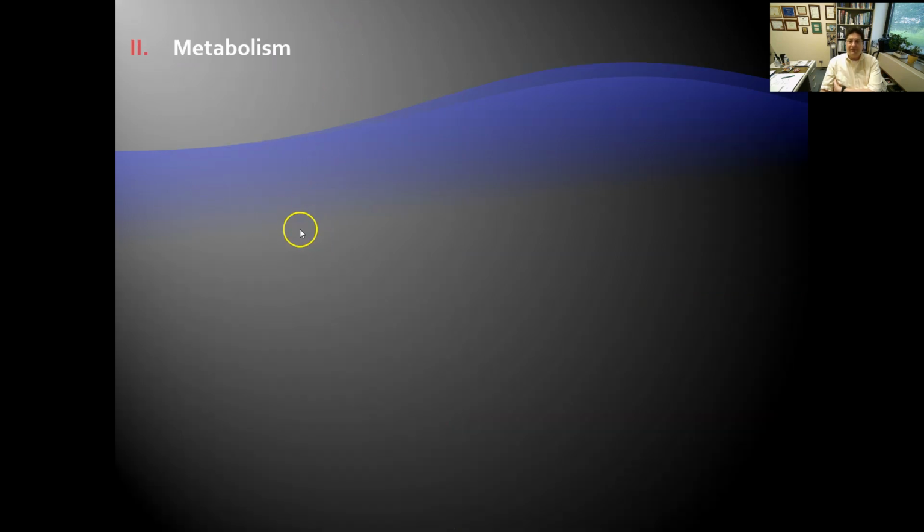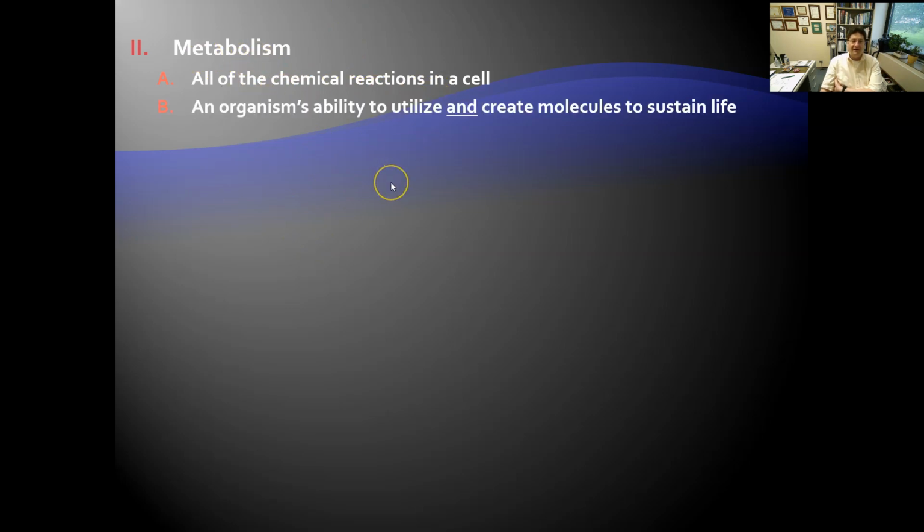So, metabolism. What do we mean by metabolism? Metabolism is all of the chemical reactions that occur in a cell, and it refers to an organism's ability to use and create molecules to sustain life. The ultimate goal of metabolism is to make sure that an organism can reproduce.